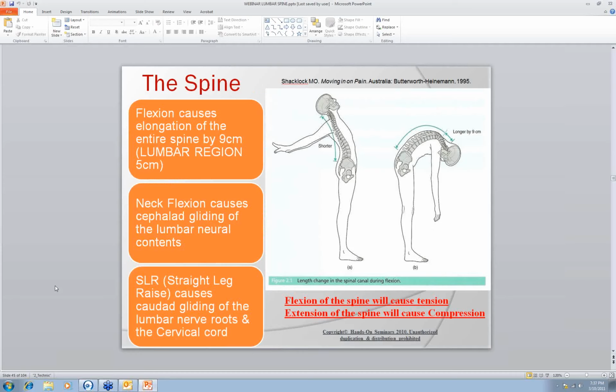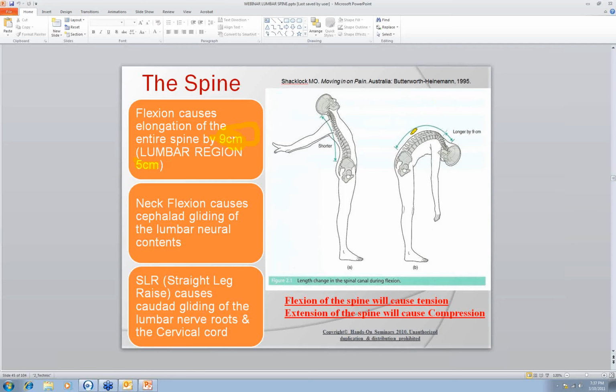So looking at the spine now, flexion will cause elongation of the entire spine by approximately 7 to 9 centimeters. Out of these 9 centimeters, the lumbar region itself will accommodate 5 centimeters.